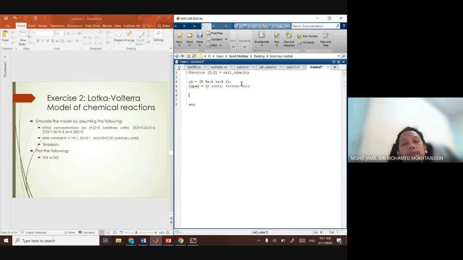Okay, so after you have your Y naught and time span, then you can write your ODE solver, ode15s, and then call your ODE function. Put your time span, put your initial condition in there.